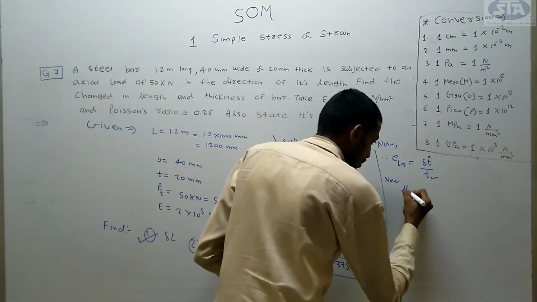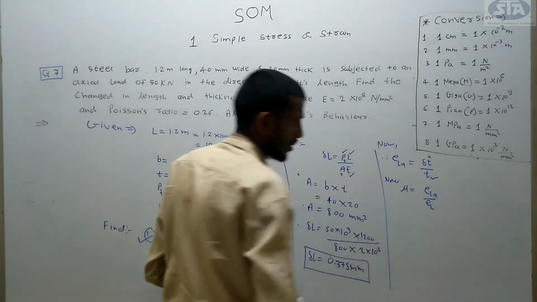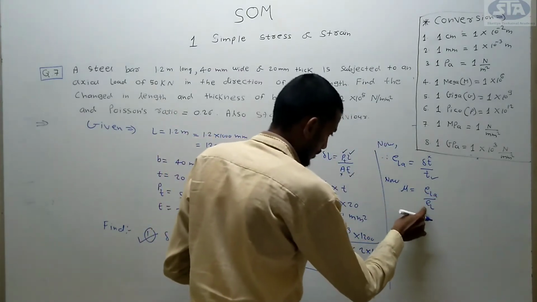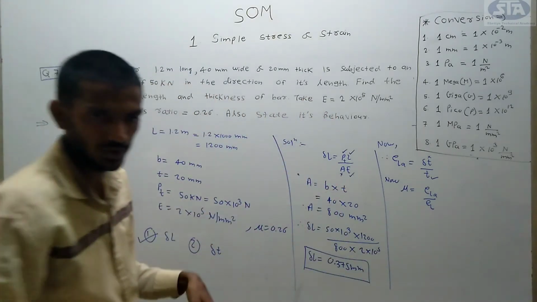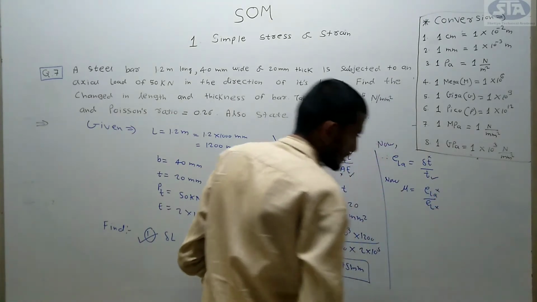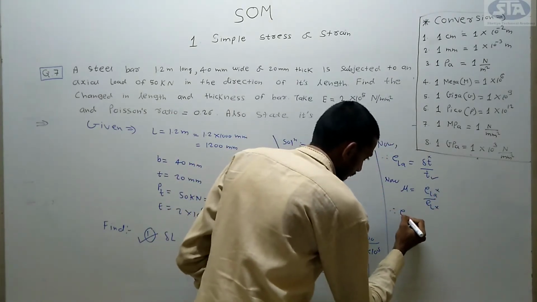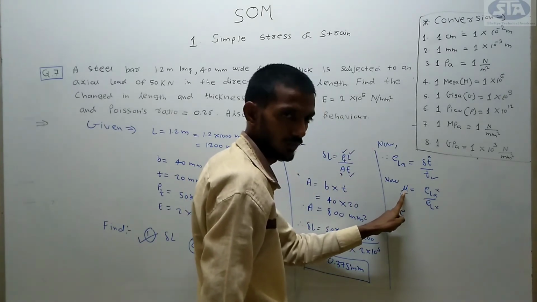So mu is equal to lateral strain upon linear strain. We know the formula of mu. Now we also calculate linear strain. How can we calculate the value of linear strain? We don't know this, we also don't know this. Therefore, in this formula we already know the value of mu.